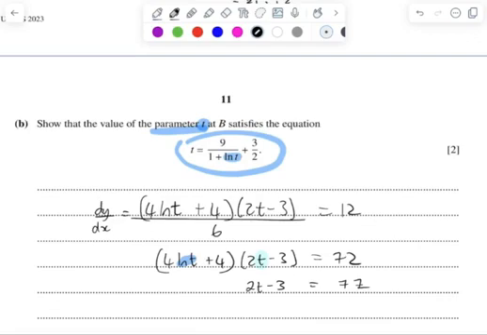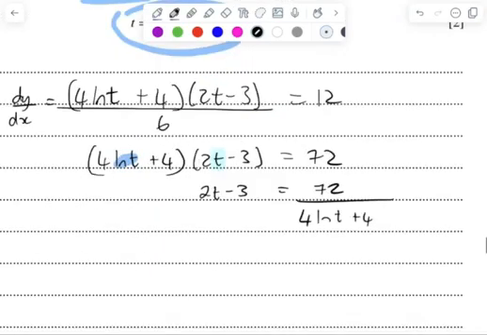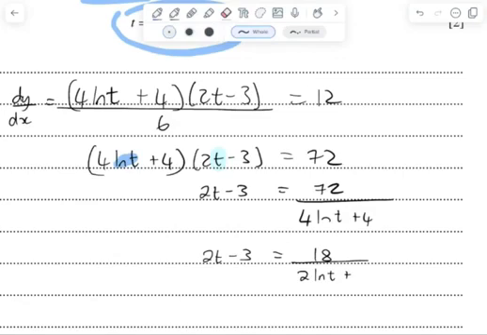Oh, there's a lot of confusing letters here. 72 divided by 4 ln t plus 4. Okay, so I can see that this thing I can at least divide by, I can divide everything by 4. So that's going to be 18 over ln t plus 1.